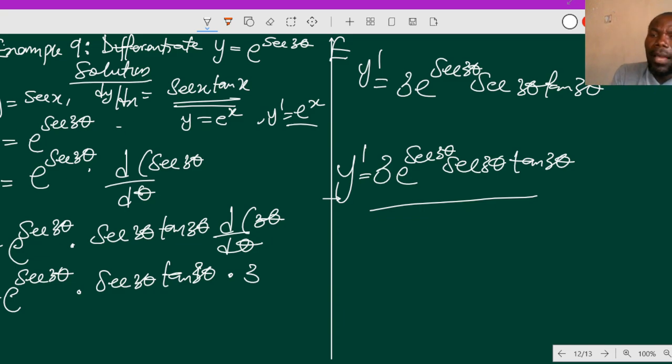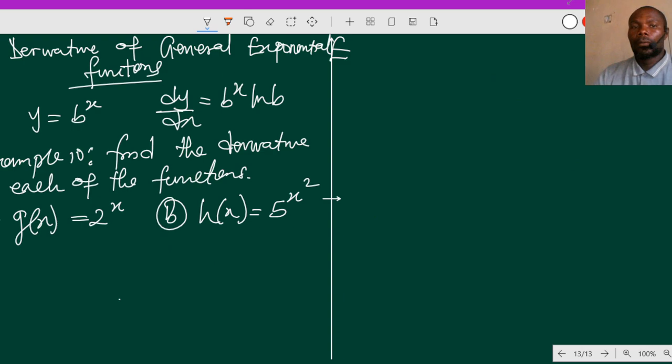So what we really want to explain in example 10 is the derivative of the general exponential function.